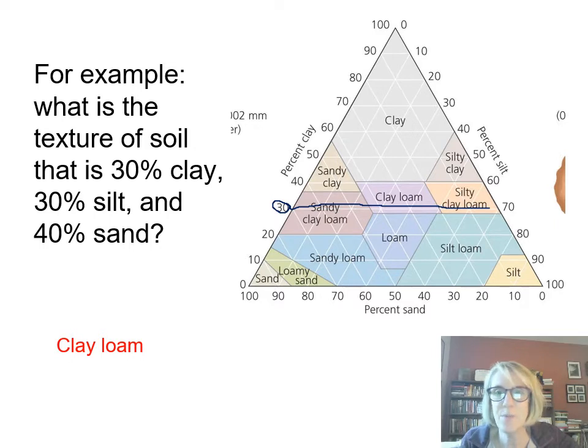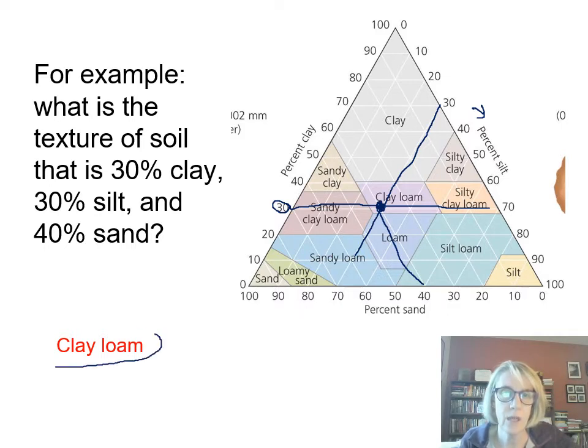And then 30% silt, so our silt is on the right-hand side, and we're going to go diagonally down. So here's our 30% line there. And then 40% sand. Sand is on the bottom. We're going to come up from the bottom. And those three lines intersect, and we have clay loam type of soil.